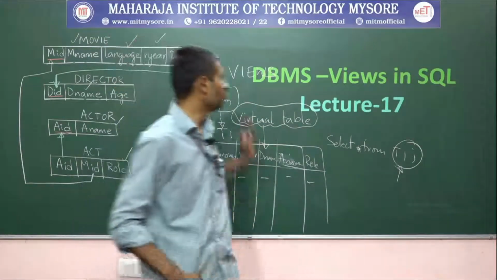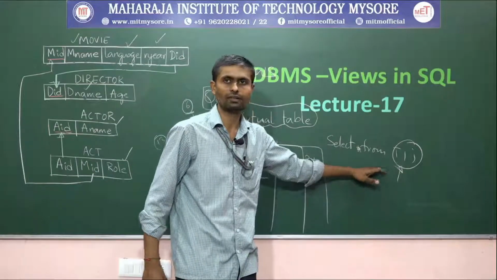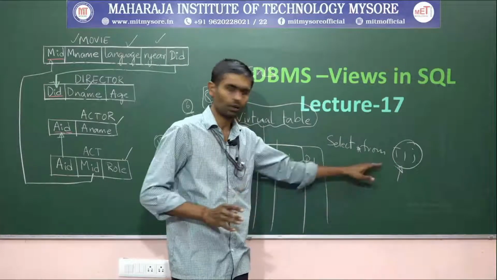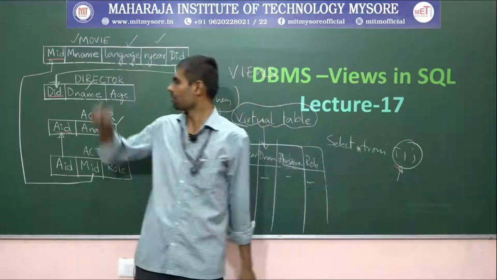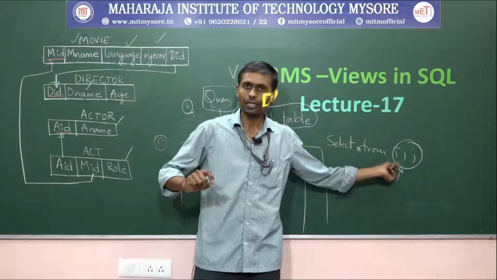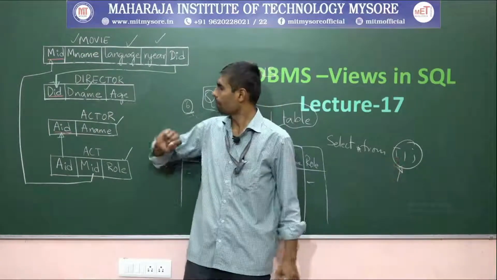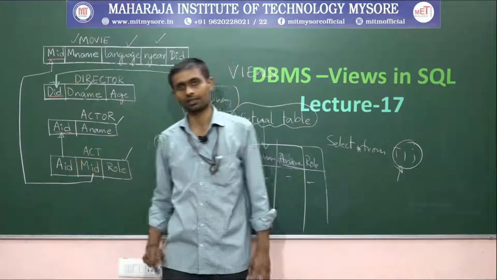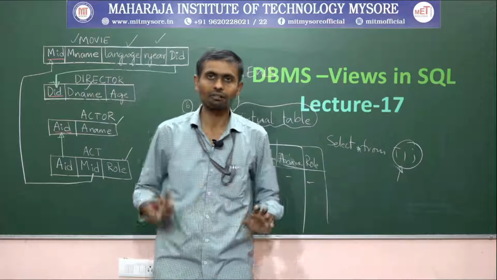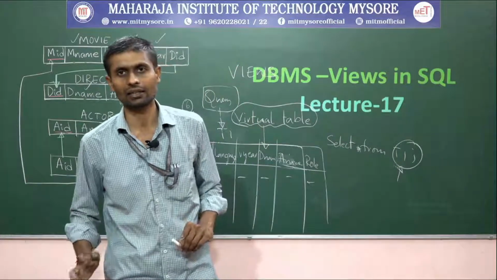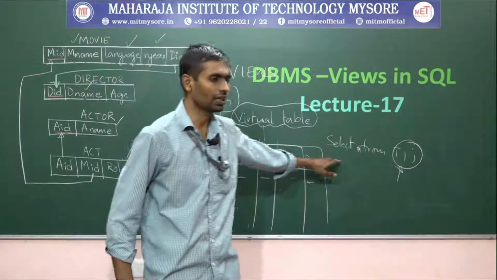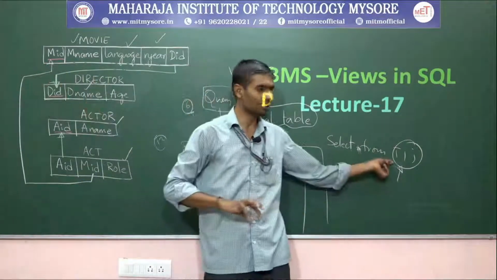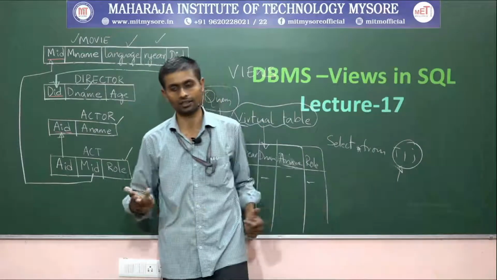Here also the same thing happens. Since the data is not stored in a separate location, this query is always executed on the table data. So it doesn't suffer from any data inconsistency, and the data we obtain here is always consistent. Any changes made will definitely be reflected during re-execution.